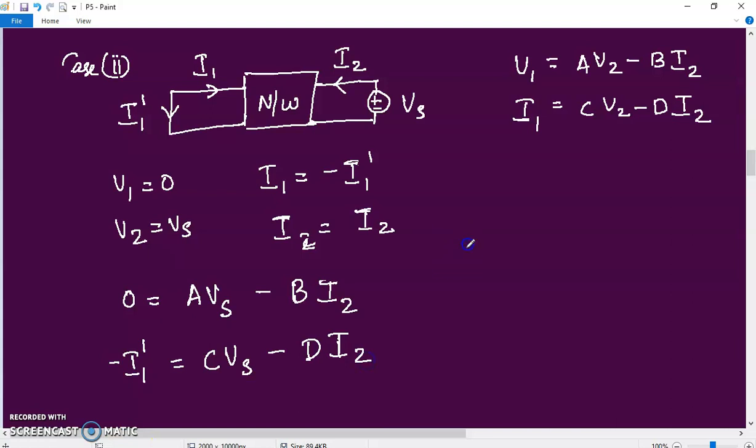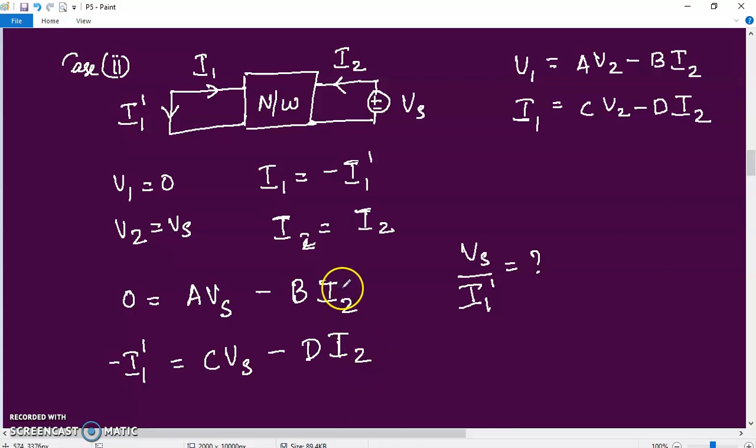What we need is Vs by I1 dash. We have to find this and compare it with the other case, Vs by output response. There it was I2 dash. Here we have to find Vs by I1 dash. So we have in the second equation Vs and I1 dash. Okay, so we can use this equation. But here we have an I2.